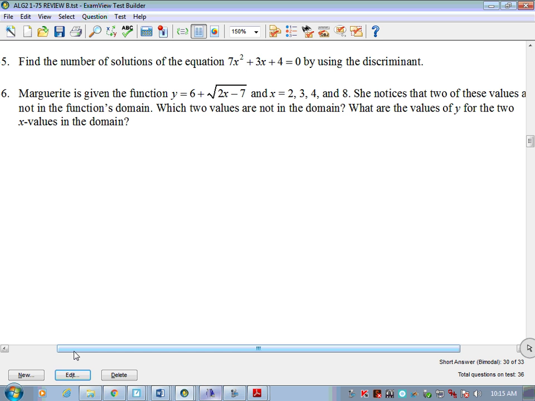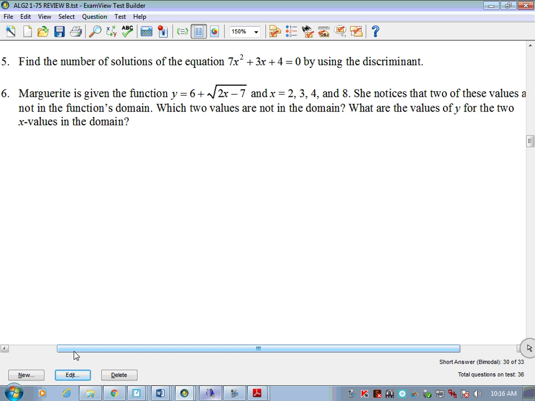Okay, so let's look at this. We got 6 plus the square root of 2x minus 7. Let's try 2. What's 2 times 2? 4. What's 4 minus 7? I'm getting an imaginary thing there. All right, what about 2 times 3? 6. 6 minus 7 is negative 1, right?